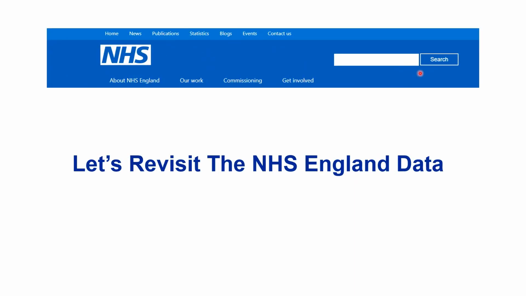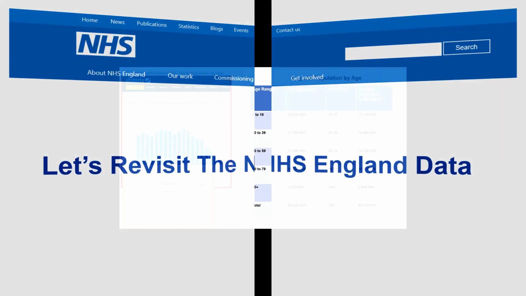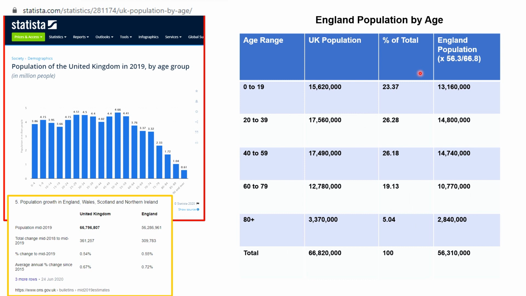Now, just to put everything into perspective, I want to look at the NHS data again. I've made a couple of videos on this, but I have updated the data. So this is just showing you basically how I've worked out the population of England.